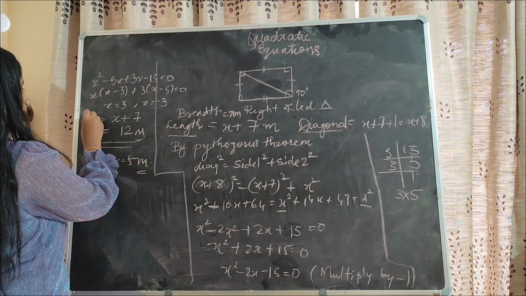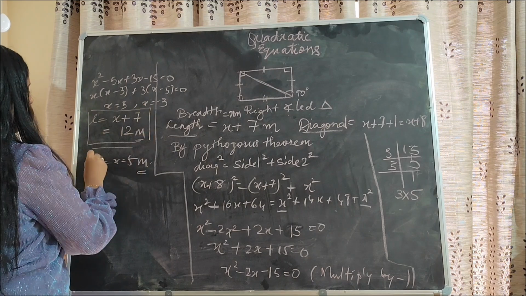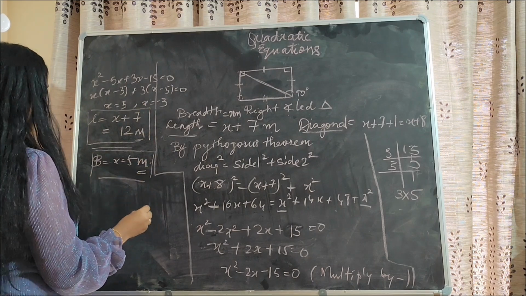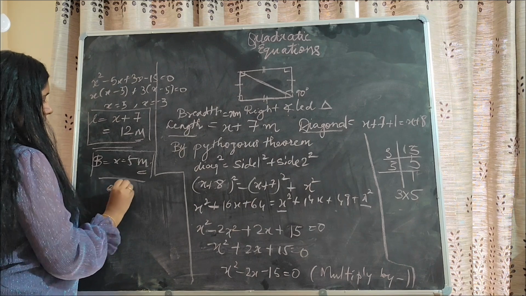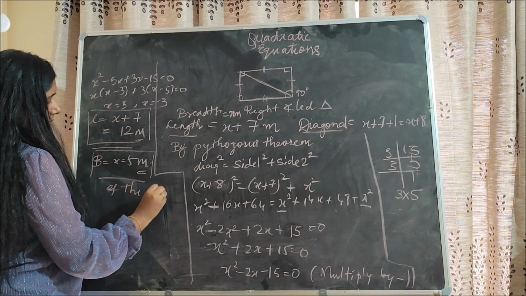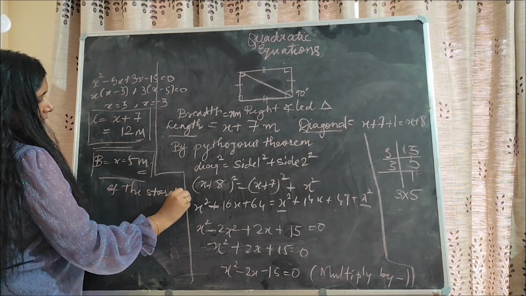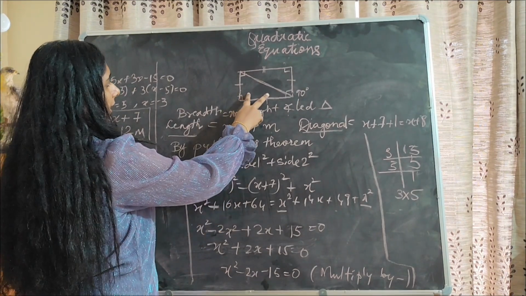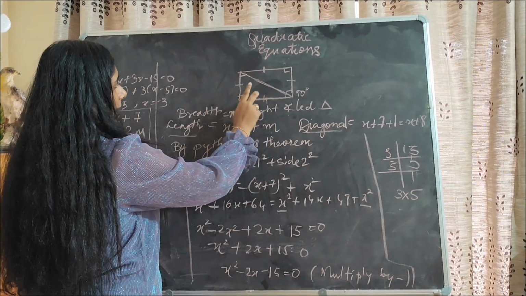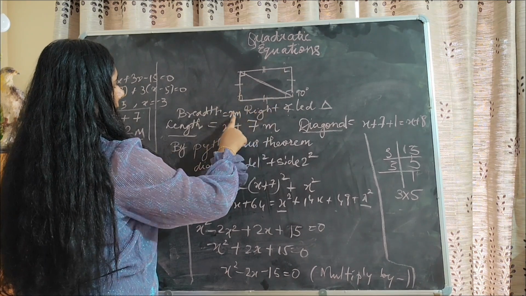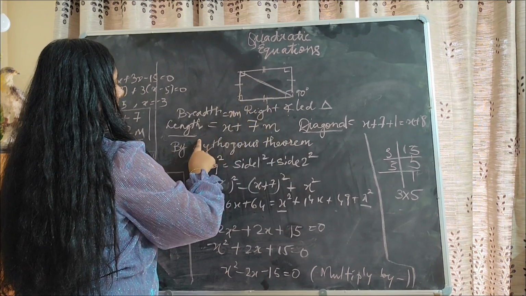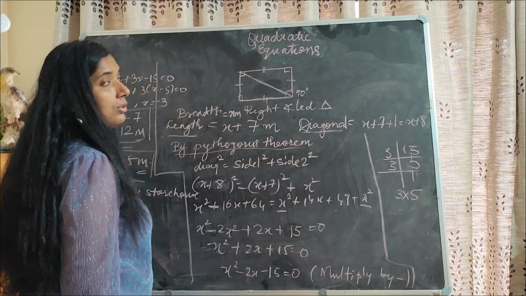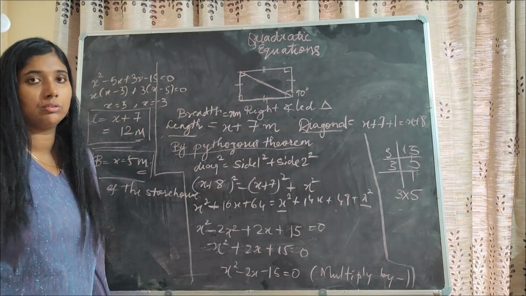So length is 12 and breadth is 5 of the storehouse. In this, it is important to identify that there is a rectangle and there is a triangle, which is a right angle triangle, and you can apply the Pythagoras theorem. This is the important note. Please note this down.